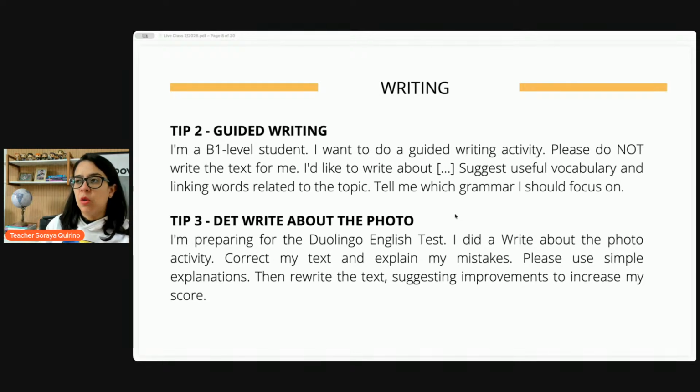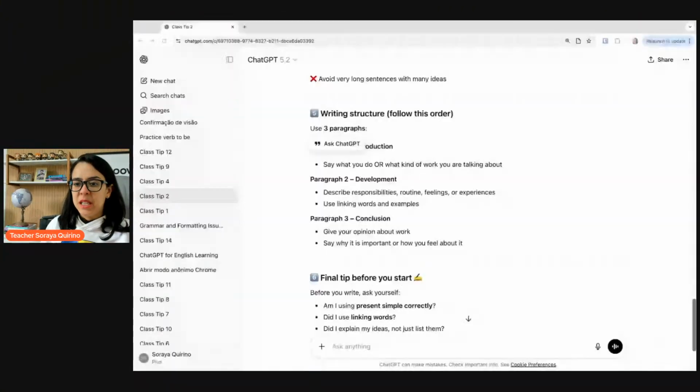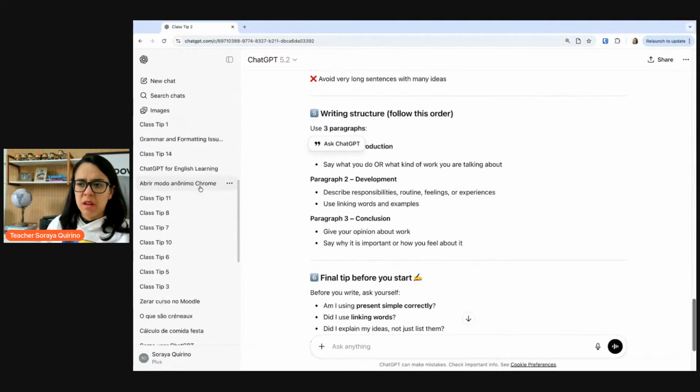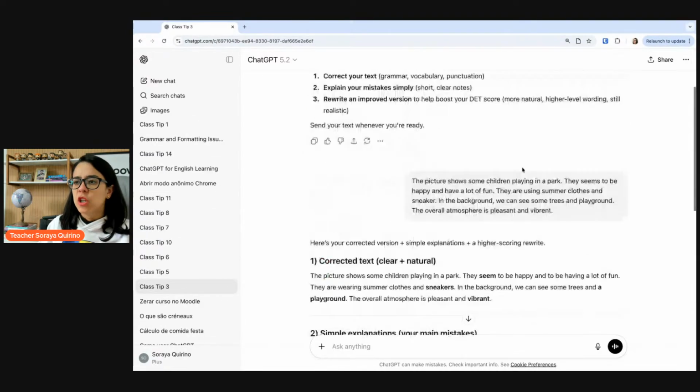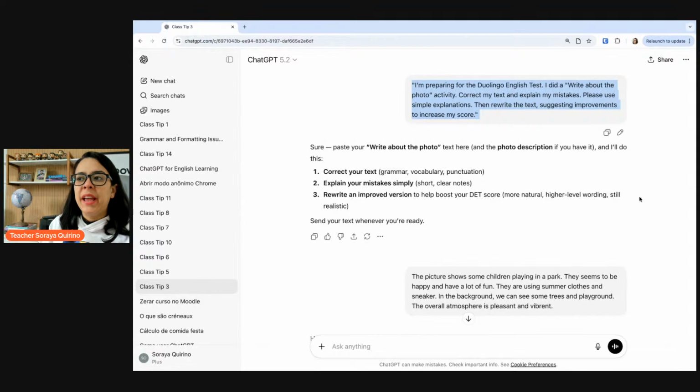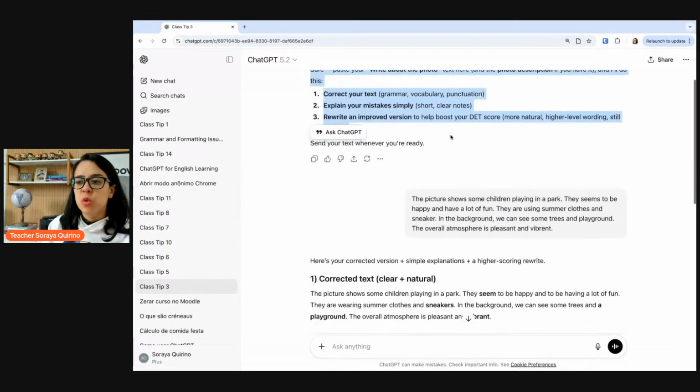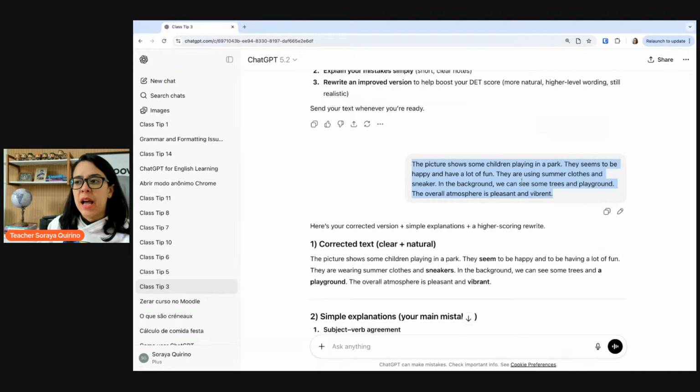So let's see now what happened when I asked ChatGPT to correct my text, and I'm going to address an issue. Let's go to class tip 3. So I explained what I need, ChatGPT understood, and then I wrote my text.